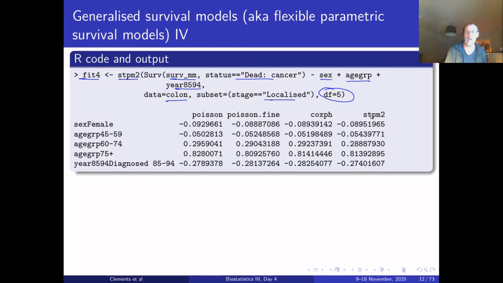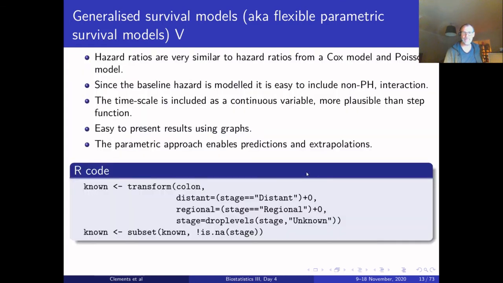And what we find is that stpm2 looks reasonably similar to these other approaches. The hazard ratios from stpm2 are very similar to those from a Cox model and from a Poisson model.